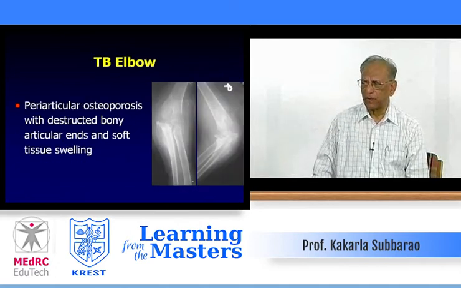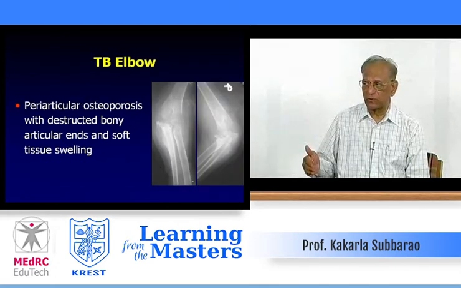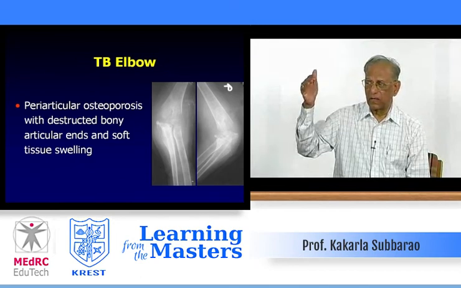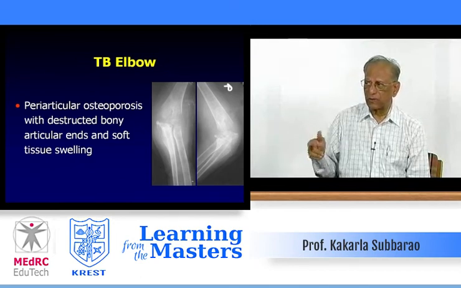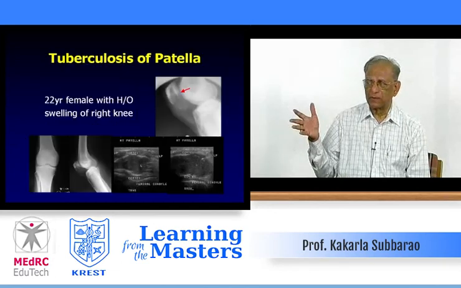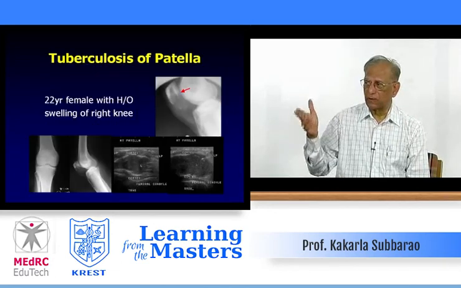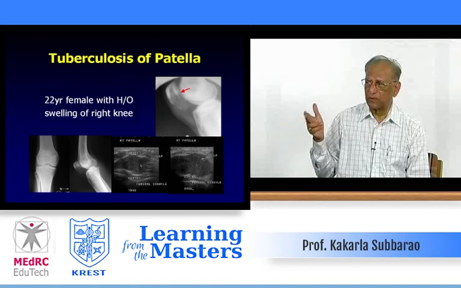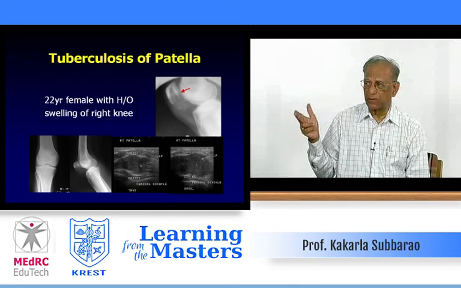Tuberculosis of the elbow, periarticular osteoporosis is most pronounced with the destruction of the articular ends and soft tissue swelling. Patella may be involved. Look at the erosion of the inferior portion of the patella with soft tissue. No bone reaction, typical of tuberculosis.